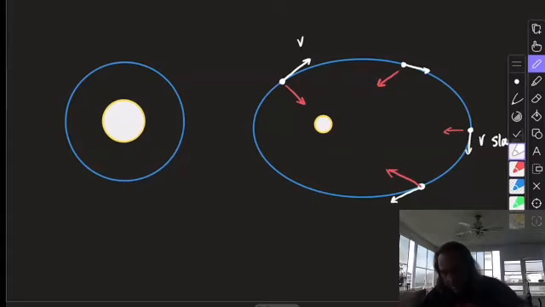Eventually, the object is going to make it here, the point where it's closest. At this moment, the object's velocity is at its greatest, and the force of gravity is at its strongest because it's closest.